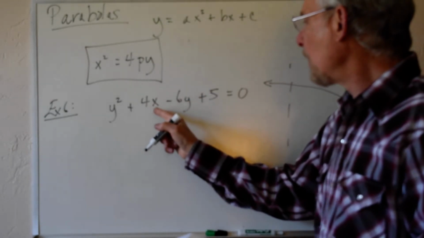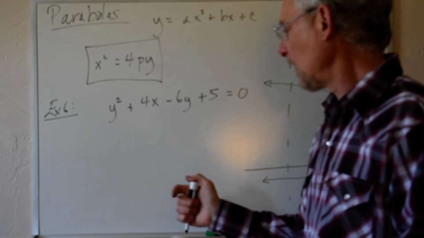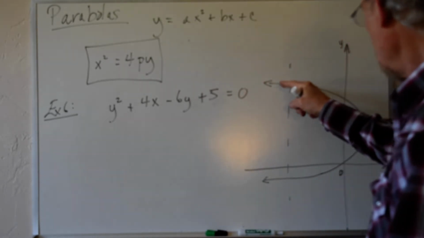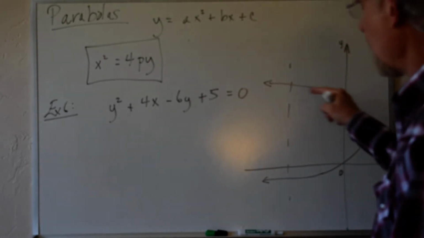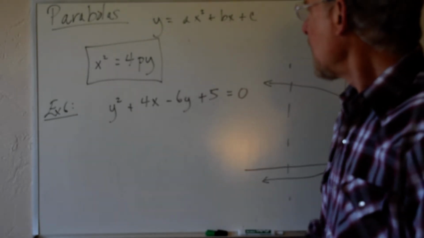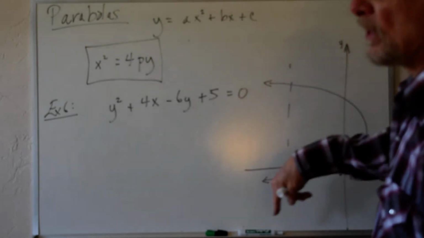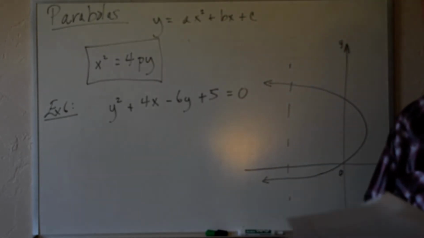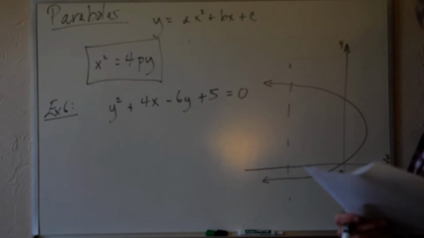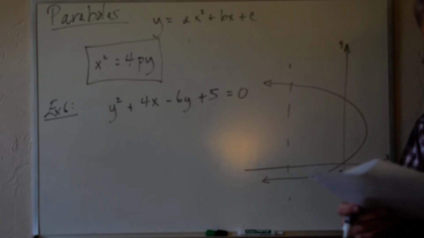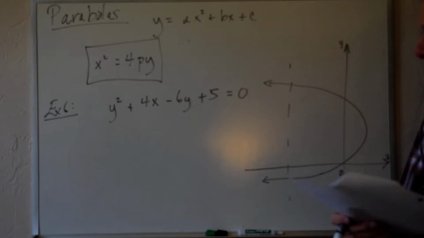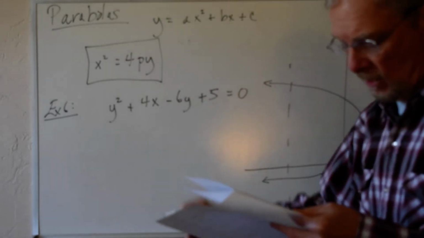One of the squared terms is going to be missing. If the y squared appears, then you've got a parabola lying on its side. If the y squared is gone and the x squared is there, then it's a parabola that opens upward or opens downwards. In other words, vertically aligned. And of course, the xy term is missing.